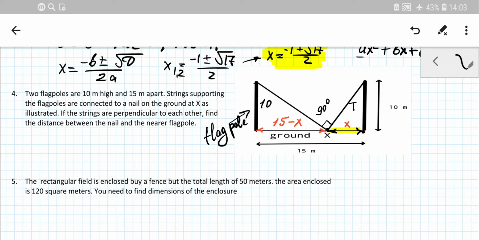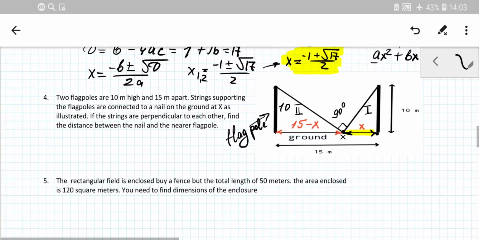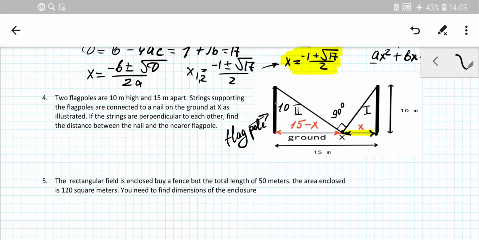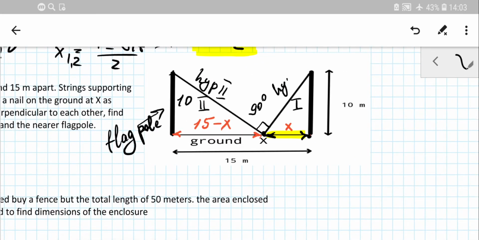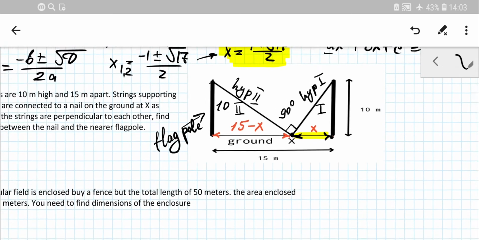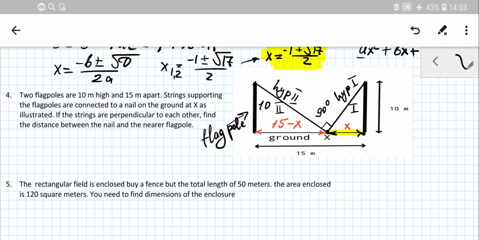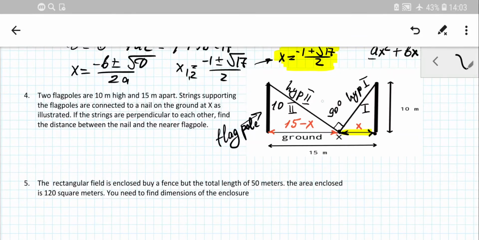Let's say this is triangle 1 and this is triangle 2. We can establish their hypotenuses, so let's express the hypotenuse in each triangle. This is hyp 2, which is here, and this is hyp 1.